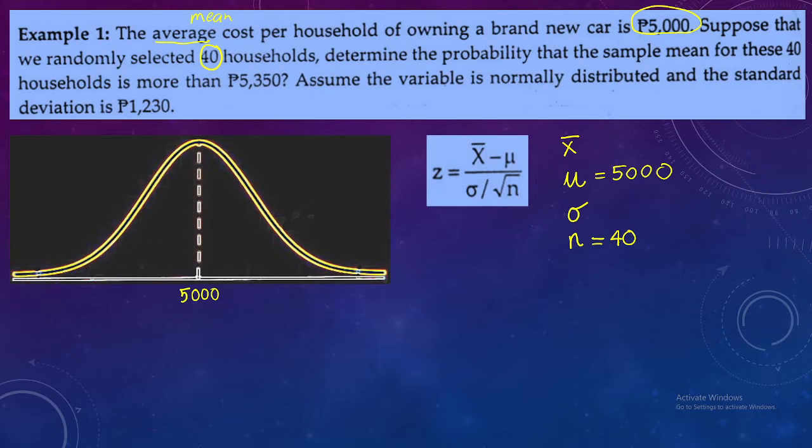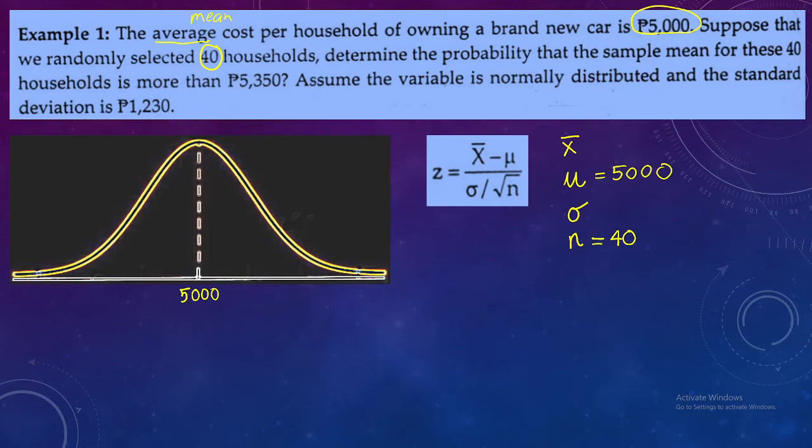There are 40 samples. Again, because of the words we randomly selected 40 households, the 40 there is our n. Again, that's our sample size.